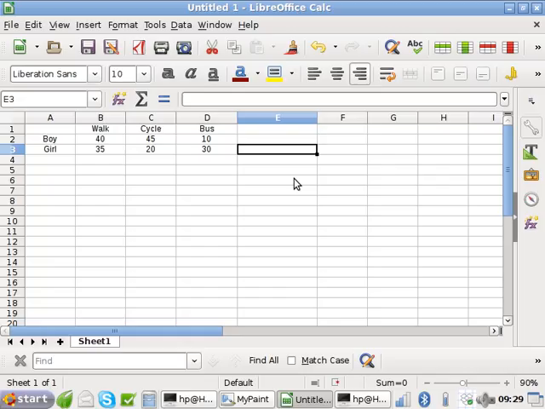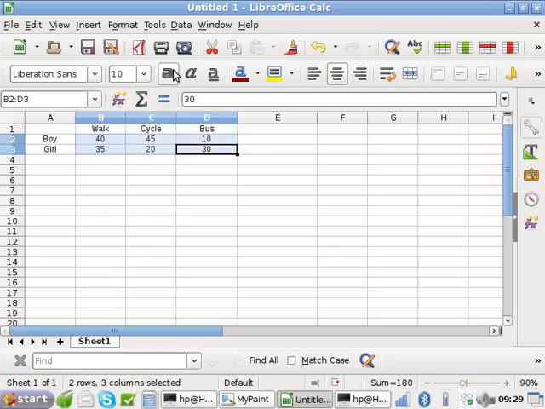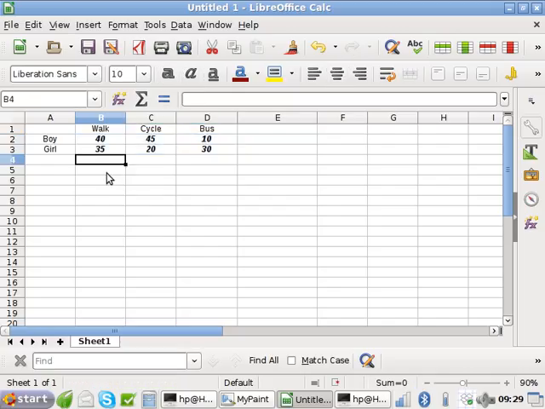Okay, so let's complete the table together. I'll go down the bottom here. Maybe I'll make a different colour. Right, so how many walk to school? 75. How many cycle to school? 65. How many take the bus? 40. And then in total here there is 190.